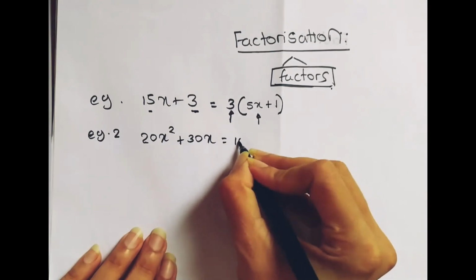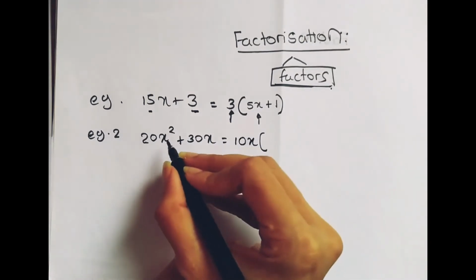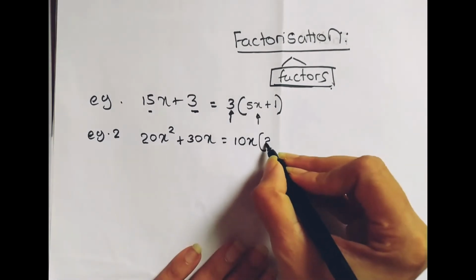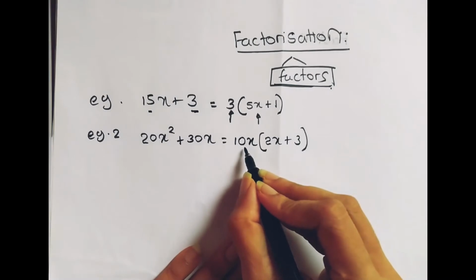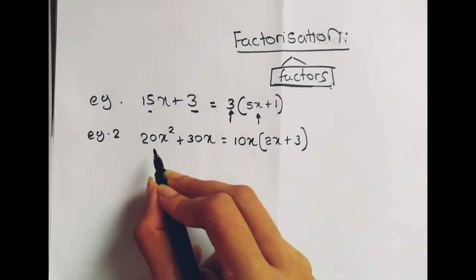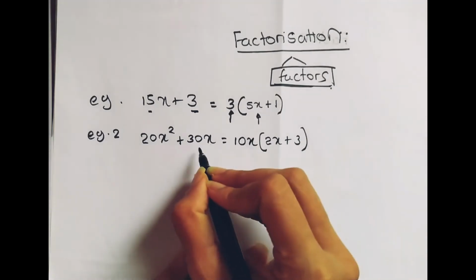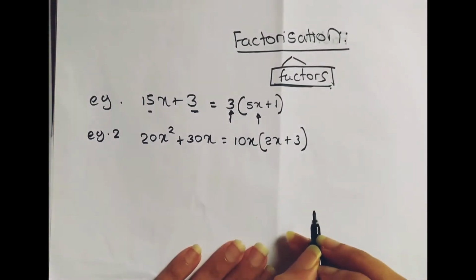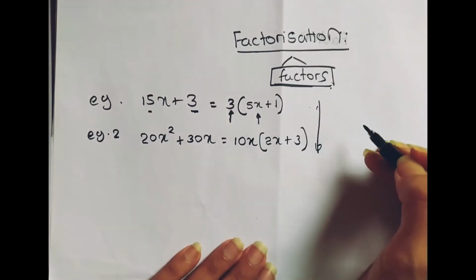So if I take 10x out, then this gives you 2x plus 3. If I again multiply, 10x into 2x is 20x squared, 10x into 3 is 30x. So these are very simple ways of factorizing.